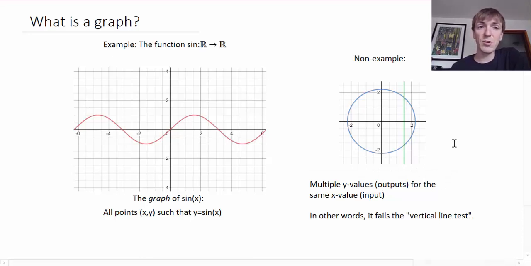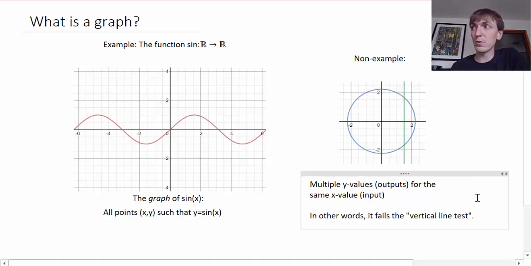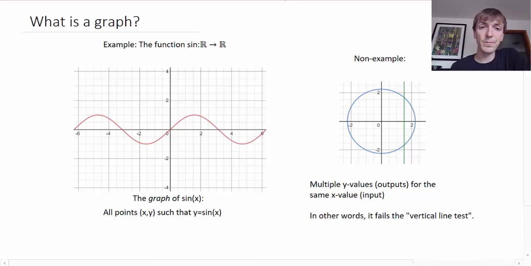And remember, one thing that a function cannot do is send the same input to two different outputs. So we say that this particular circle fails the vertical line test. You can even see that illustrated with this green vertical line that I've drawn through it. I have two points here with the same x value but two different y values. That's why this is not the graph of a function.